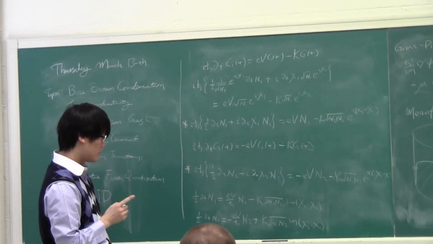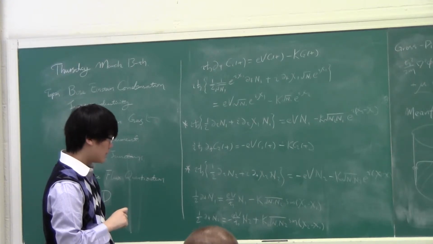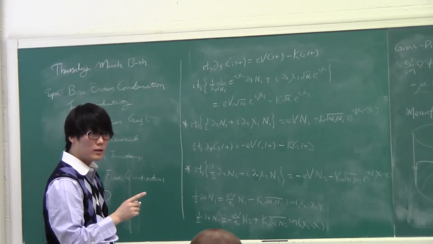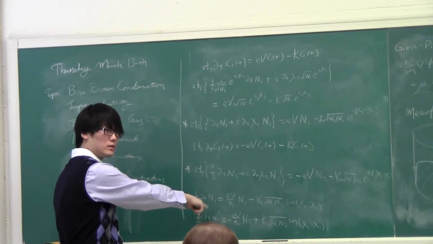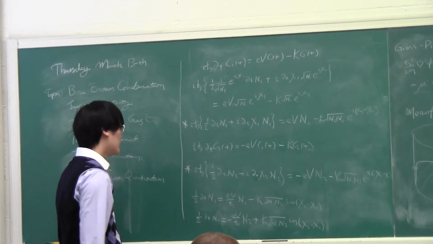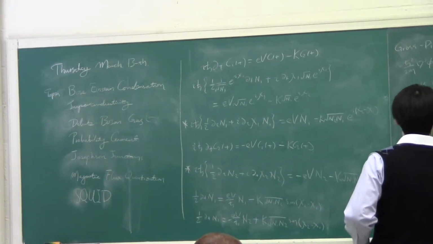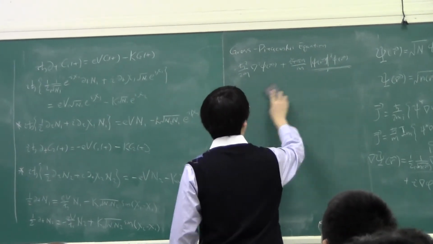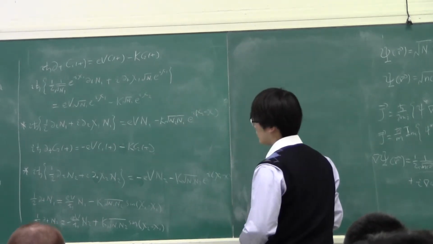So now this is good. It says that if n1 and n2 were the same, then you see that actually the total number of particles is conserved. And then I can also take the real part and write down the time evolution of the two phases across the junction.